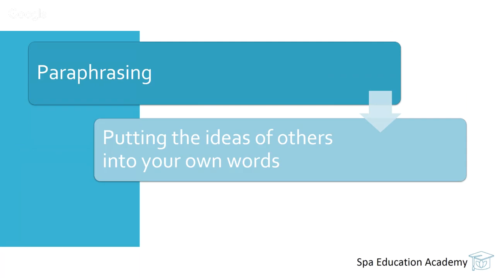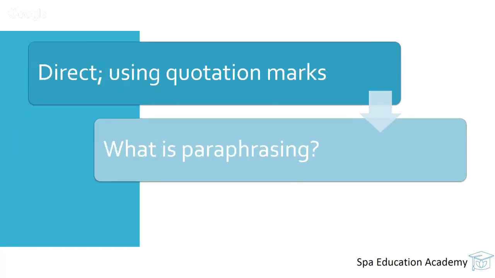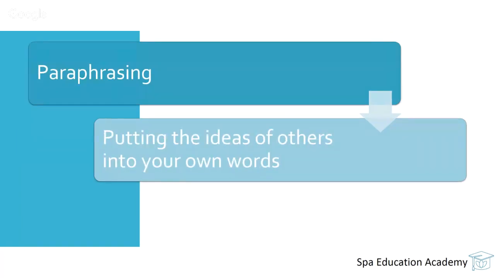So you will paraphrase and use the author's surname and the date in exactly the same way. If you directly quote, you will use the author's surname and date in exactly the same way. The only difference between directly quoting and paraphrasing is that in a direct quote, you use quotation marks, but in a paraphrase, you do not need to use quotation marks.